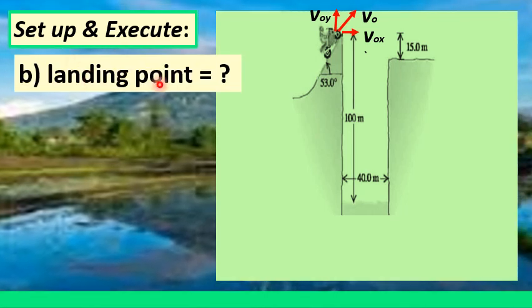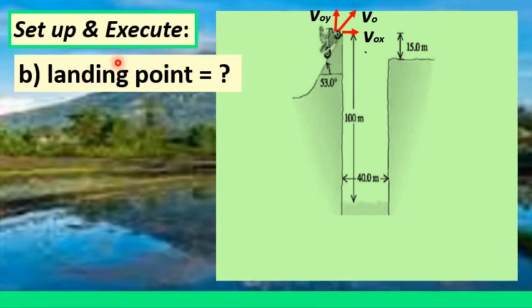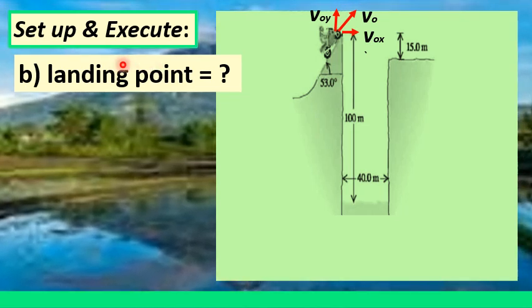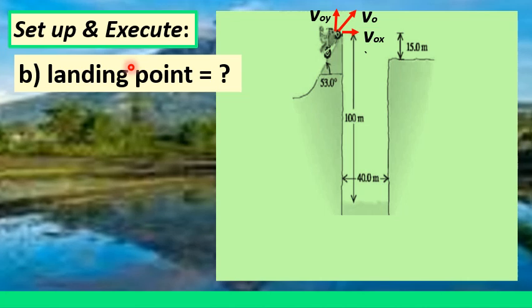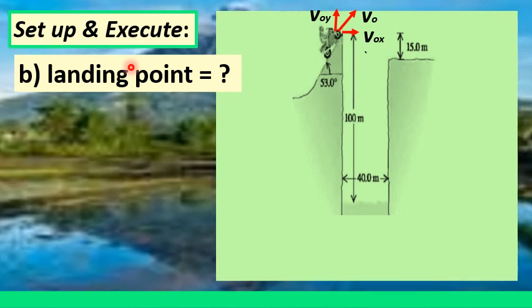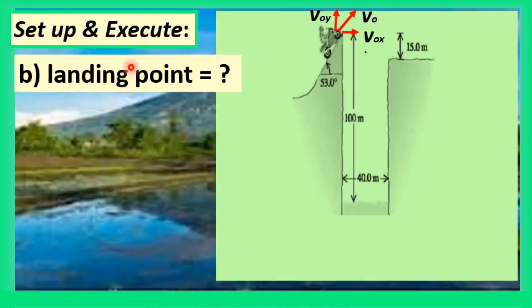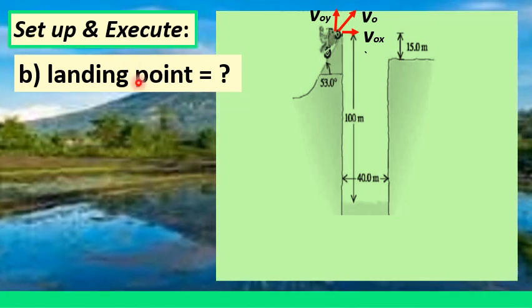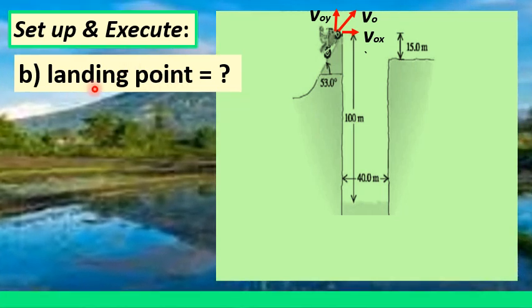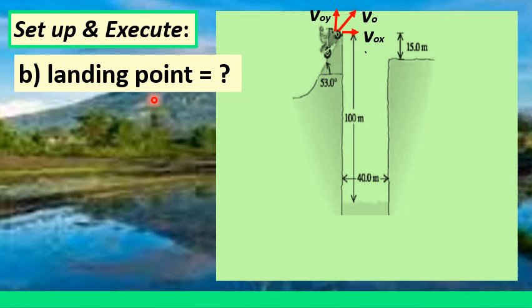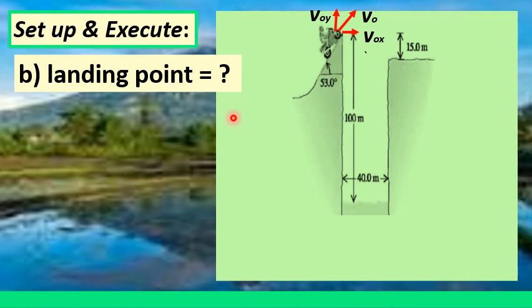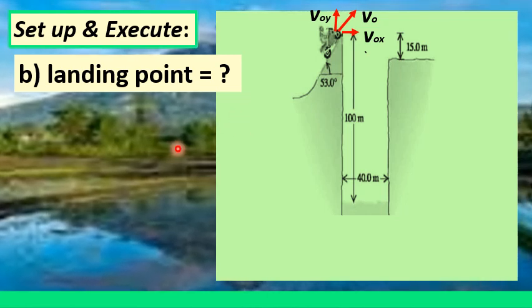For our solution to question letter B, where the landing point of the cyclist is if his initial speed is half of the initial speed v naught obtained in part A, right? That is, if his initial speed is equal to 9.0 meters per second, but with the same angle of projection theta equals 53.0 degrees.